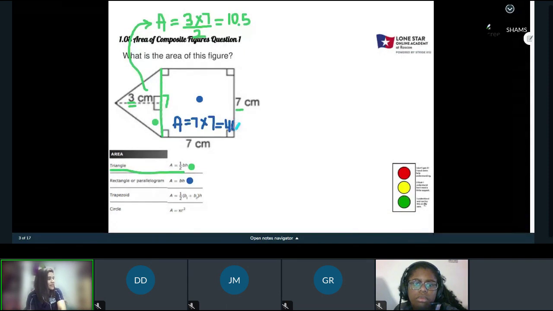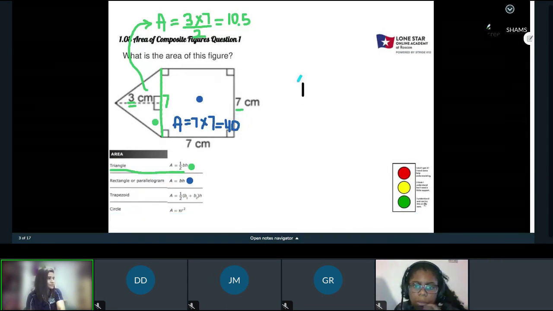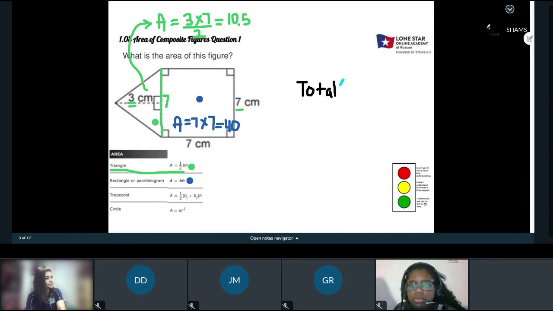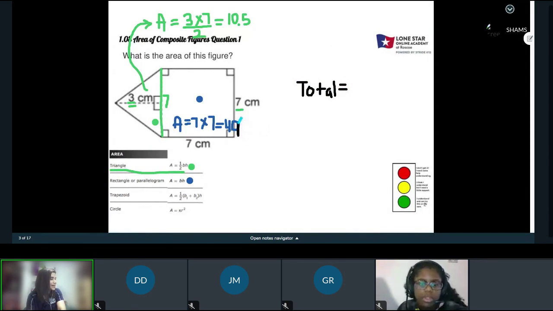If you want to find the area of the full composite figure, you will add the two areas up and you will get the final answer, right? To find the total, you will add the area of the triangle, that is 10.5, plus the 49. 7 times 7 is 49.